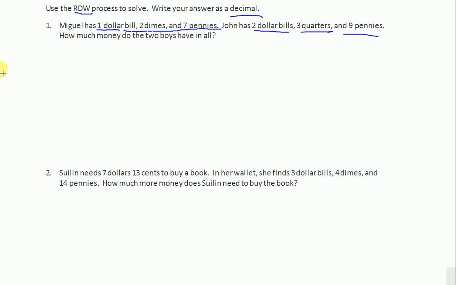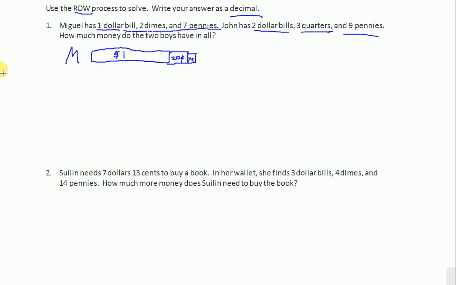Okay, so we can draw a little tape diagram here. M for Miguel. Miguel has a dollar bill, so that's going to be $1. And 2 dimes, which is 20 cents, and 7 cents.